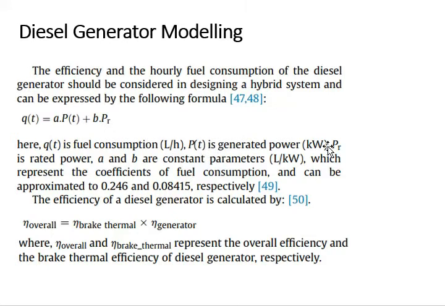P is the power and PR is the rated power. So these are constants which appear in the fuel consumption. They may differ depending on different diesel generators, but we have simulated in the MATLAB simulator with values different from these two. The efficiency will be the brake thermal and generator efficiency of that diesel generator.